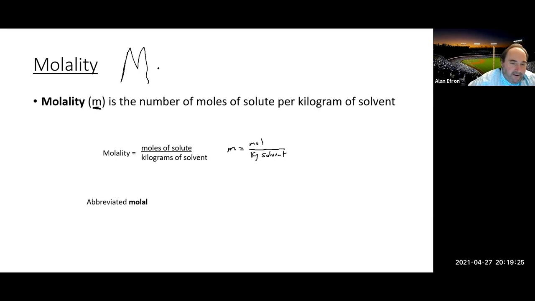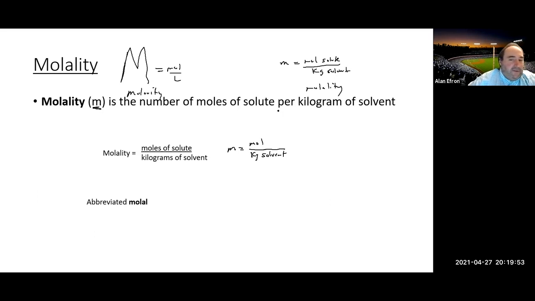Big M is molarity, which is moles per liter, right? Versus little m, which is moles of solute per kilogram of solvent, and that is molality. So they sound very much alike. They use the same letter, but one is capital and one is lowercase, and they are a little bit different.